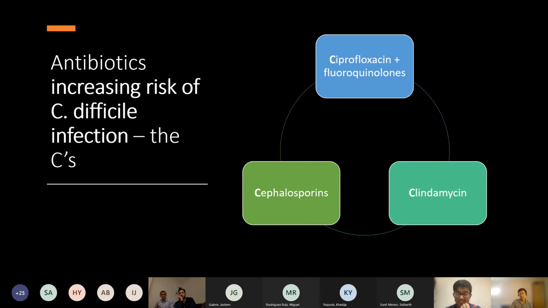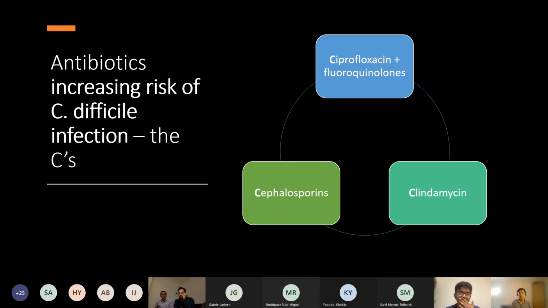So cephalosporins, co-amoxiclav, clindamycin, all of these are correct. Clindamycin more so. Clarithromycin isn't actually associated with that high an increased risk, although it still can. Being on any antibiotics does increase your risk of C. diff to an extent. It's just these are the common culprits.